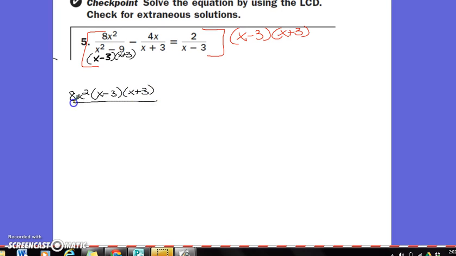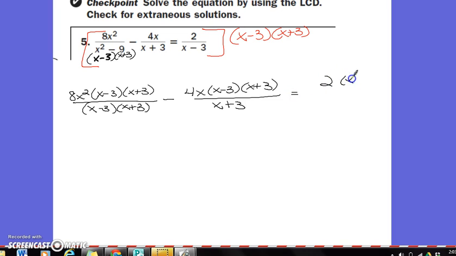I'm going to leave this in factored form, so x minus 3, x plus 3, minus 4x times x minus 3 times x plus 3 over x plus 3 equals 2 times x minus 3, x plus 3 over x minus 3.